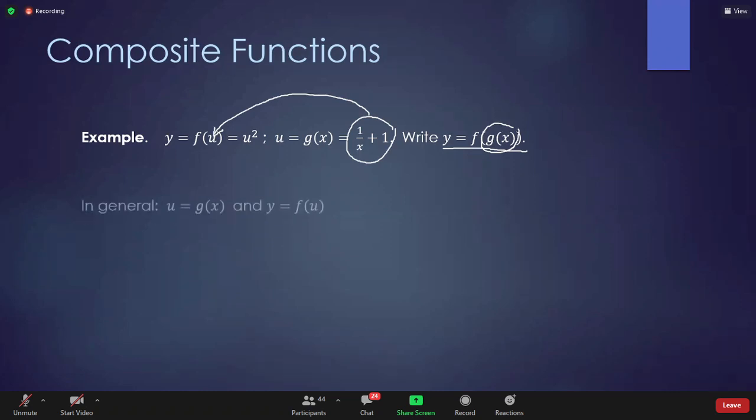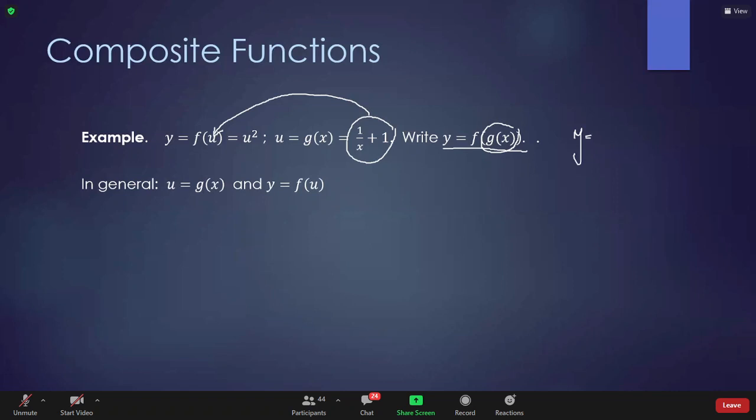I will write it in general later, but in this case, y equals f, meaning we square the u value, but the u value is this. So we write 1 over x plus 1, squared. So now this is my y function totally dependent on x.